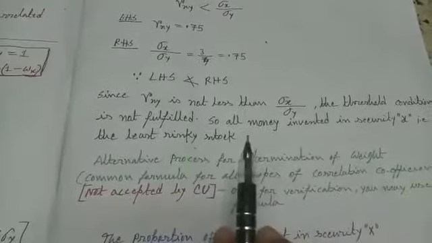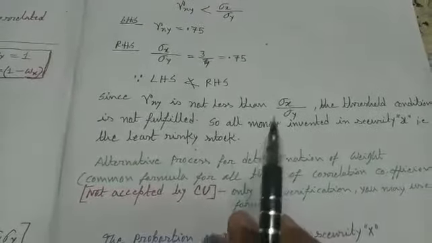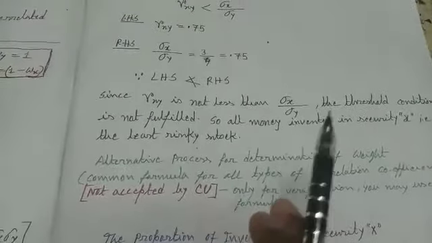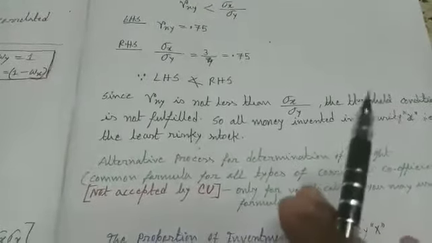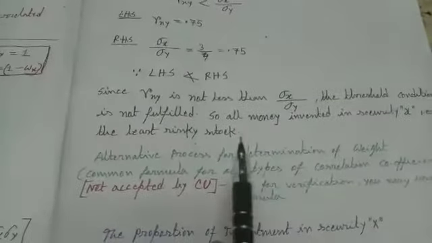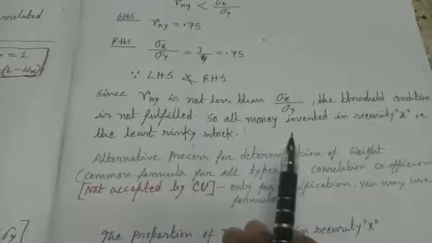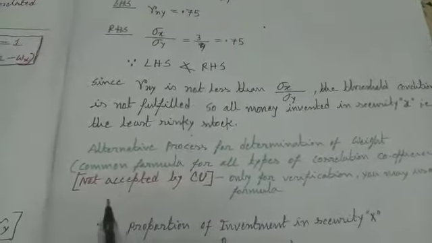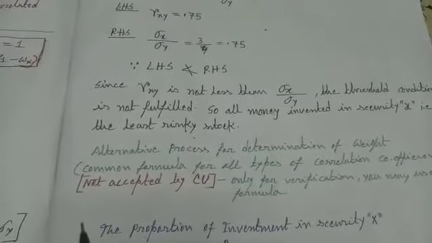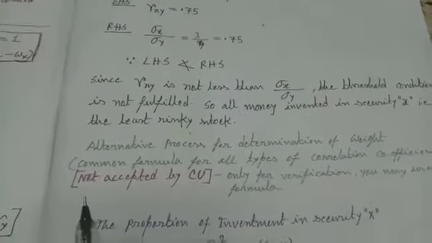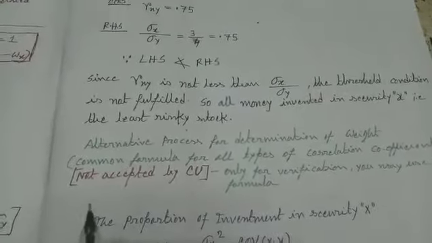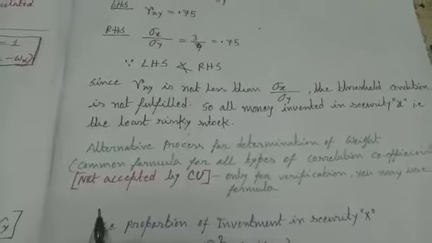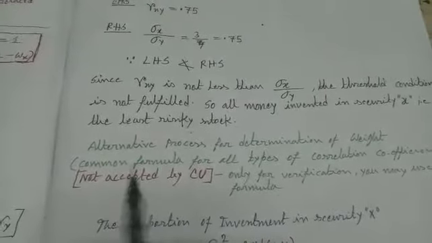That means whatever the value of Rxy, the formula will remain the same. It is a common formula used for determination of the weight, whatever the situation may be. But this process is not accepted by Calcutta University. So in your examination you should avoid determining the weight by applying this method.